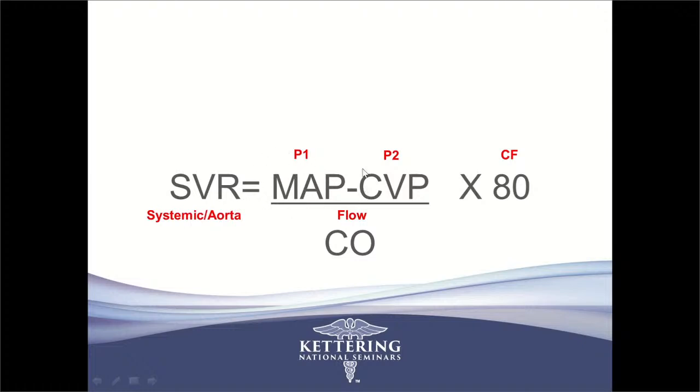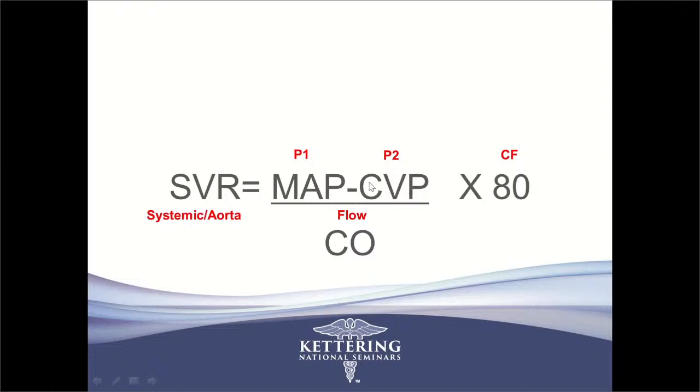That's the blood pressure right here in the aorta, mean arterial pressure. That's P1. What's the ending pressure in the systemic circulation? It's right before it goes back into the right atrium. That's P2, and that is basically the CVP.